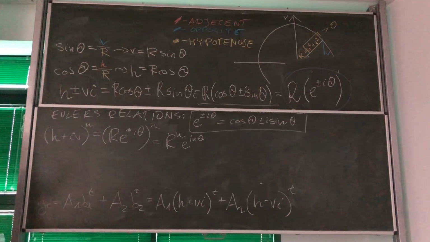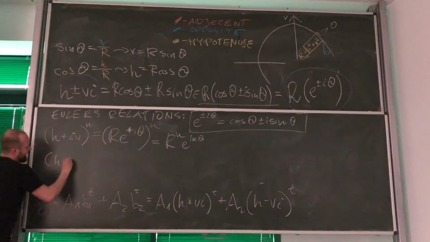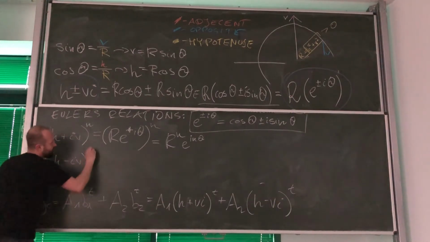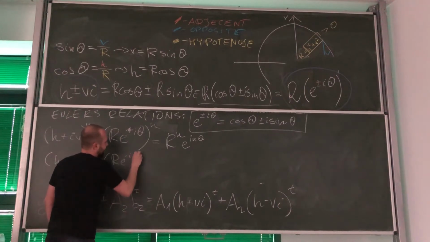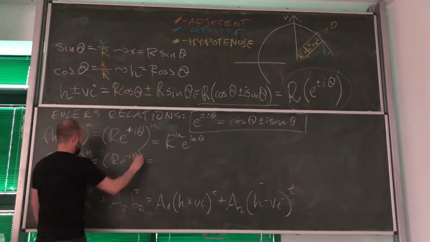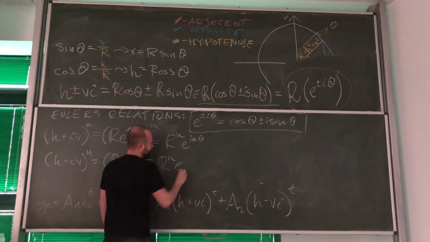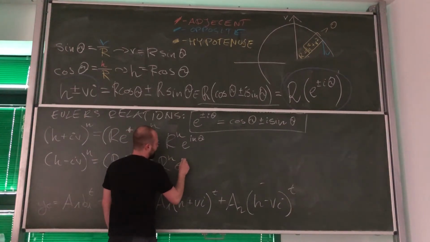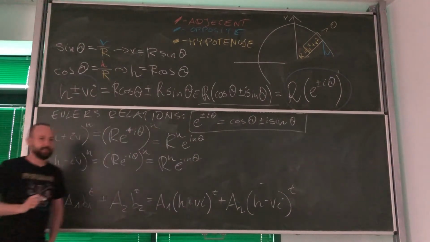And by the same token, h minus i v to the power of n is equal to r times e to the power negative i theta, to the power of n. So this is r to the n times e to the power negative i n theta.